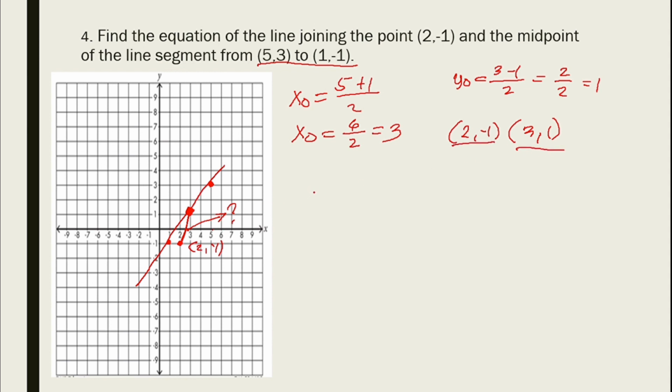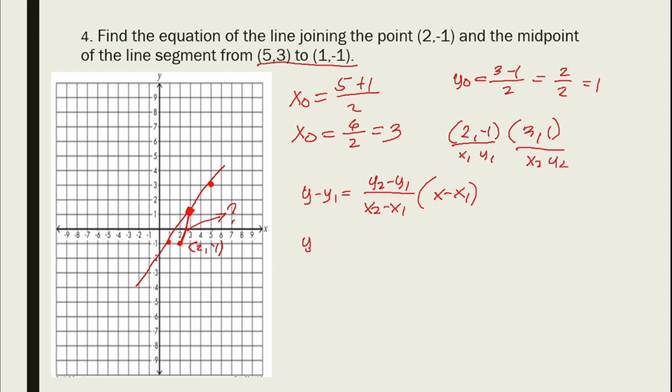So let's use the two-point form. y minus y sub 1 is equal to y sub 2 minus y sub 1 over x sub 2 minus x sub 1 times x minus x sub 1. Let's name this one x sub 1, y sub 1, and this is x sub 2, y sub 2.